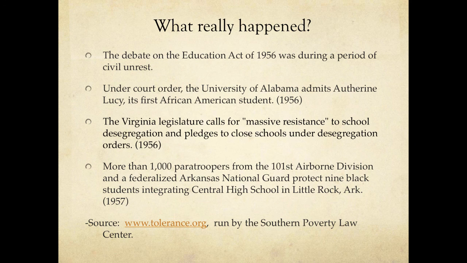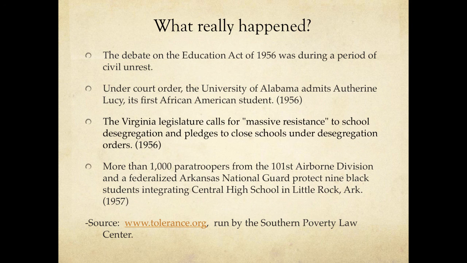So what really happened? The debate on that Education Act in 1956 was during a period of civil unrest in the entire country. At that time, under court order, the University of Alabama had admitted Autherine Lucy, its first African-American student. And the Virginia legislature called for massive resistance to school desegregation and pledges to close schools under desegregation orders.